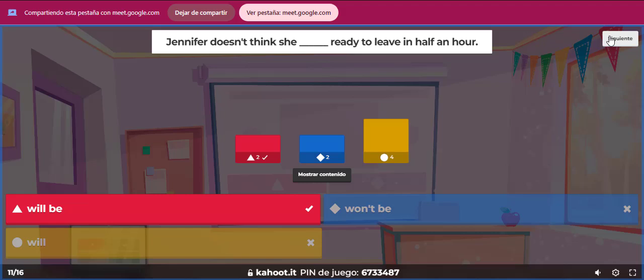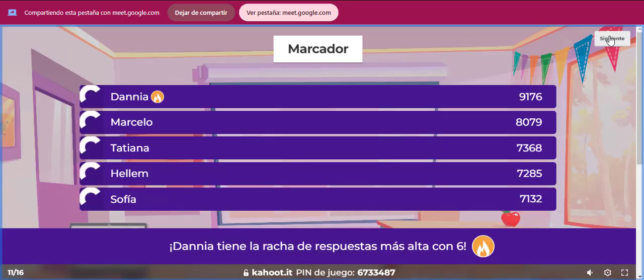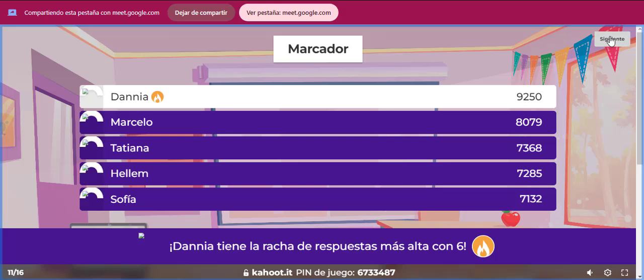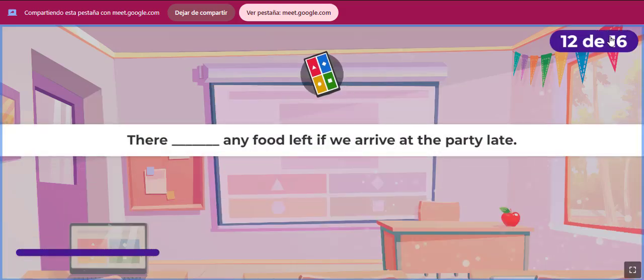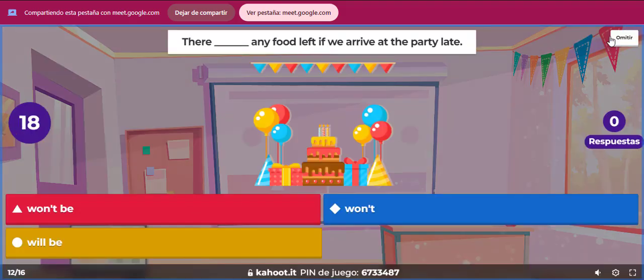That doesn't make sense. But she thinks she will be ready to leave in half an hour. So it means that she thinks that it'll take her longer to be ready. Tanya keeps the first place. Number 12. There any food left if we arrive at the party late?